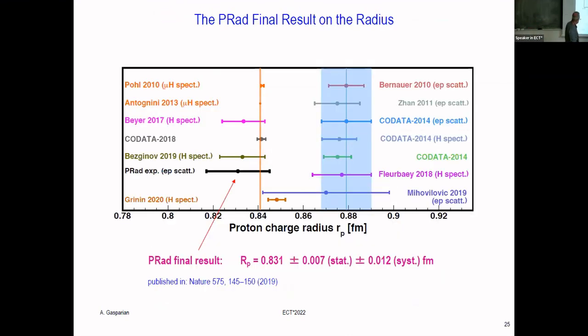Here is a result minus initial state radiation, as you see with that big error bar. It's a difficult experiment, I would say. Another comment on initial state radiation: from the theoretical perspective, of course, you have to include all the diagrams.